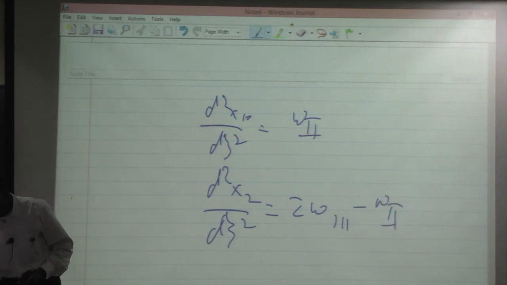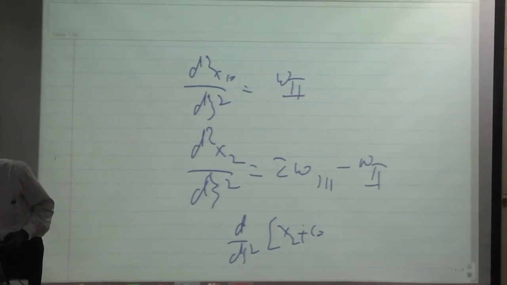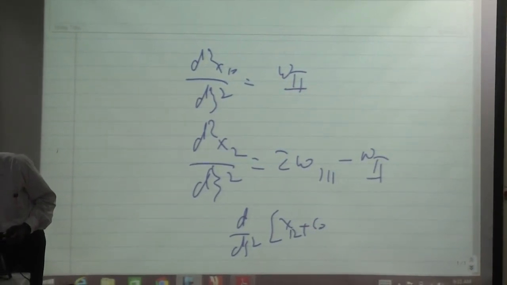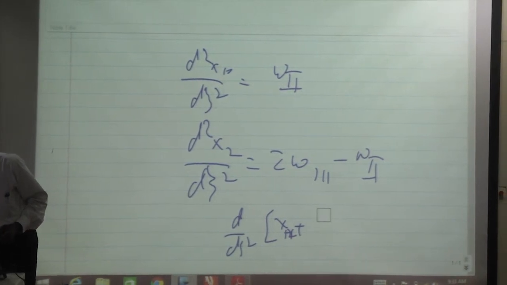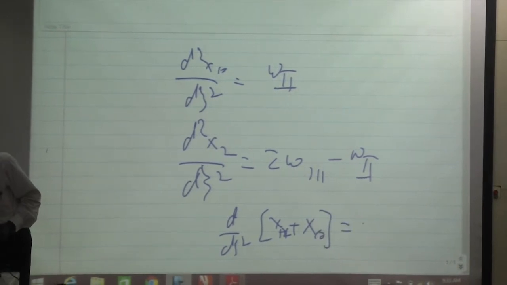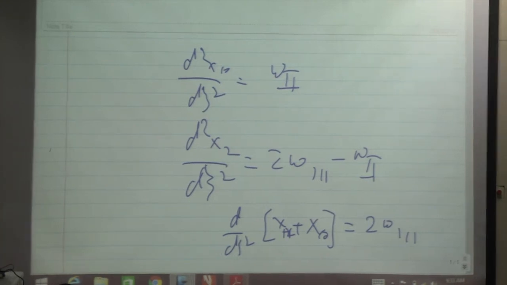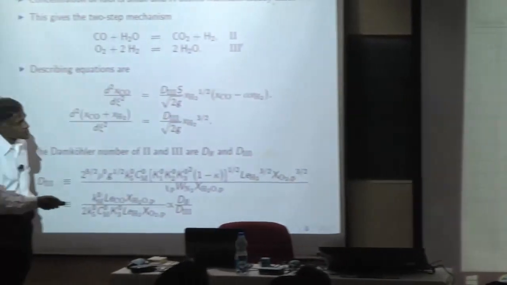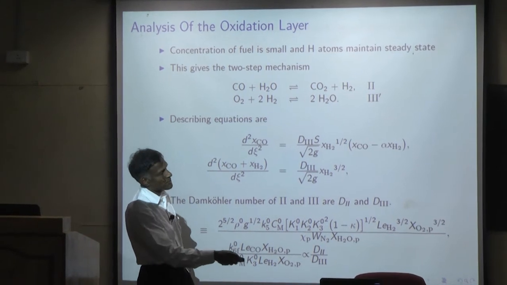And if you add them up, the sum, which is D squared DC squared, is H2 plus CO. The sum should be equal to 2W3, right? So that's the point. For convenience, I could solve these two equations, but it's more convenient just to add them up.